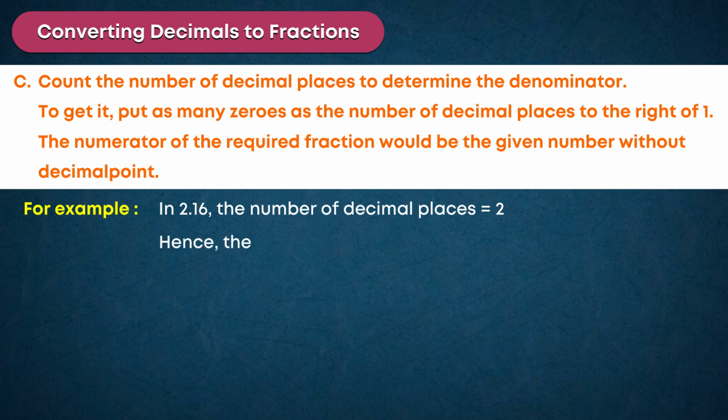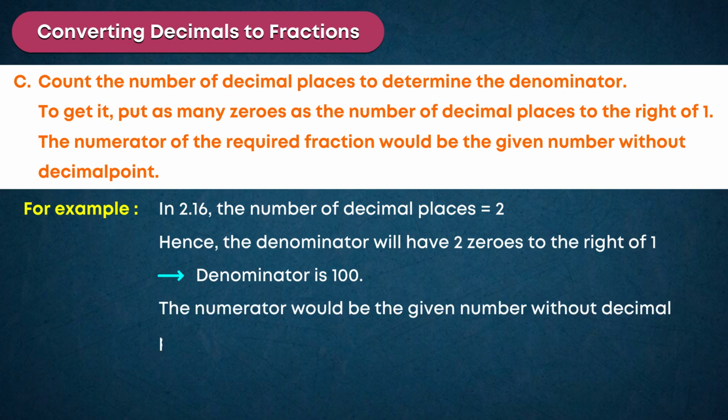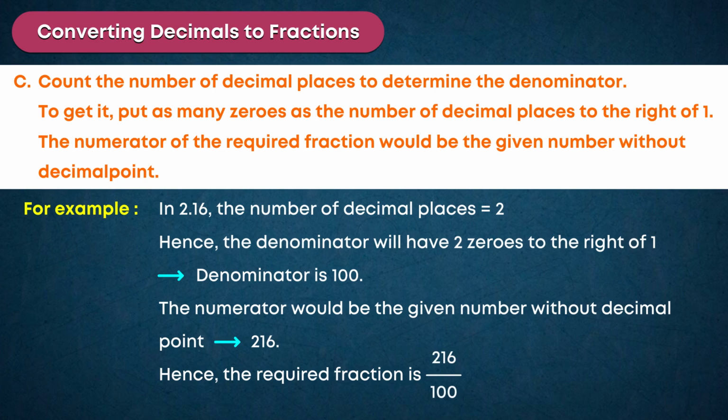Hence, the denominator will have two zeros to the right of 1. Denominator is 100. The numerator would be the given number without decimal point, 216. Hence, the required fraction is 216 by 100.